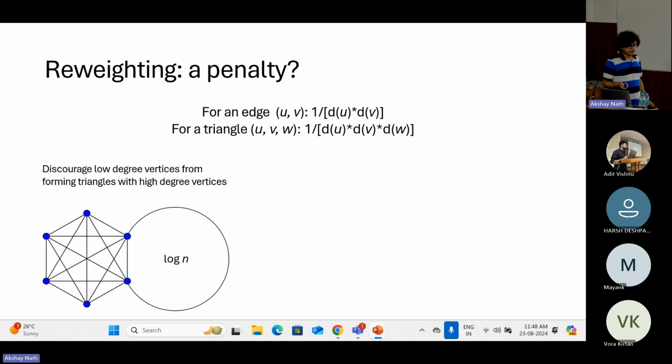And then the counter question can be, okay, then it's good for a high degree vertex to form triangles with low degree vertices. So what's exactly going on? What's wrong with a triangle where you have two vertices of degree log n, and it's actually benefiting from forming triangles with a low degree vertex?